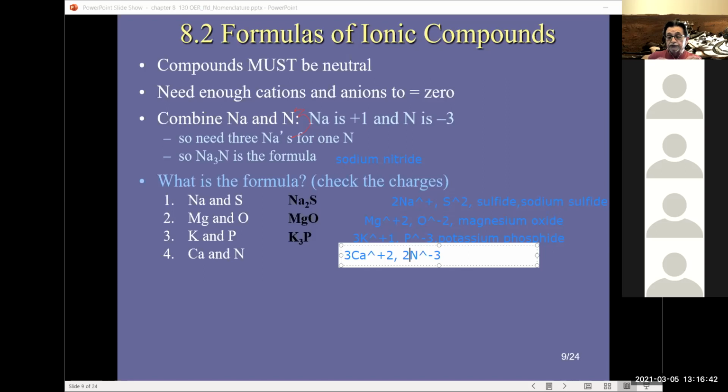And so those coefficients I just put there would be the subscripts for those particular ions. So it would be calcium subscript 3, nitrogen subscript 2. Okay. We'll get to the formula here in a second. So we have calcium nitride would be the name. Okay. And so there we go with the formula.